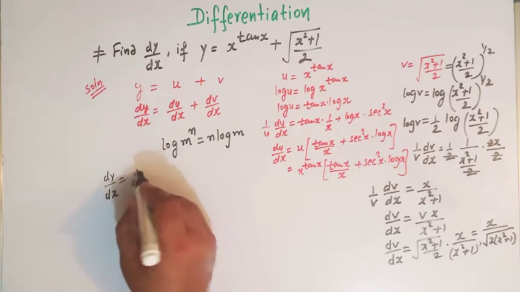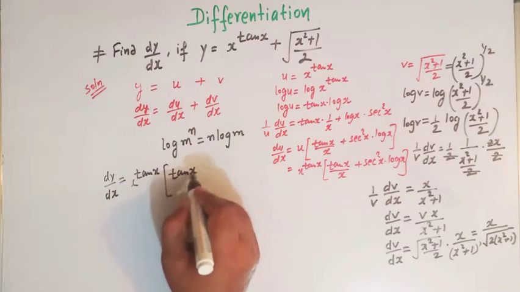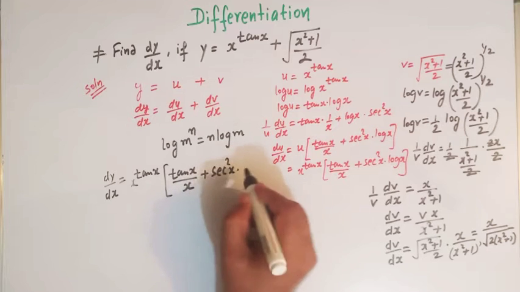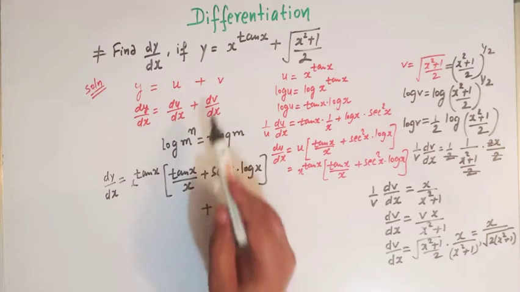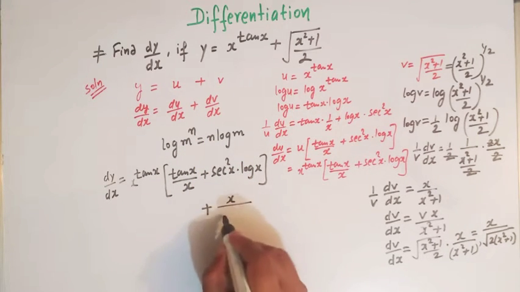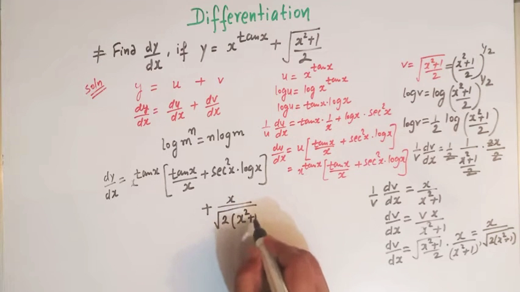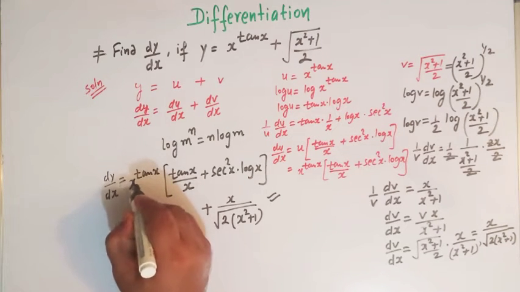So we have x raised to 10x, and here we have 10x over x, plus sec square x times log x, and then plus for dv over dx we can write this expression, that is x divided by square root of 2 times (x square plus 1). Right? So this is the final expression for dy over dx.